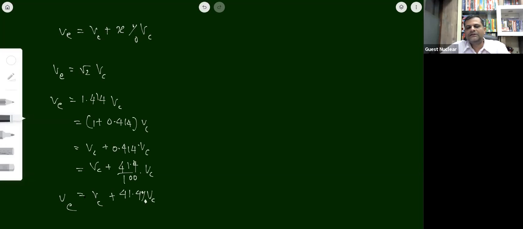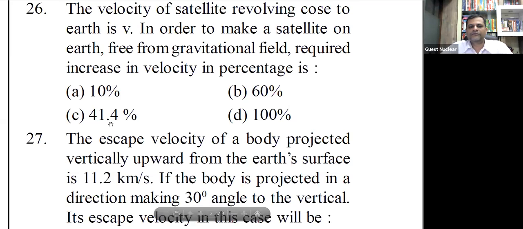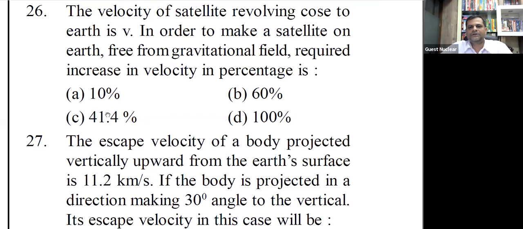That means VE, the velocity to escape, is going to be 41.4% greater than the critical velocity it already has. So that's why we can say that here 41.4 will be the correct option.